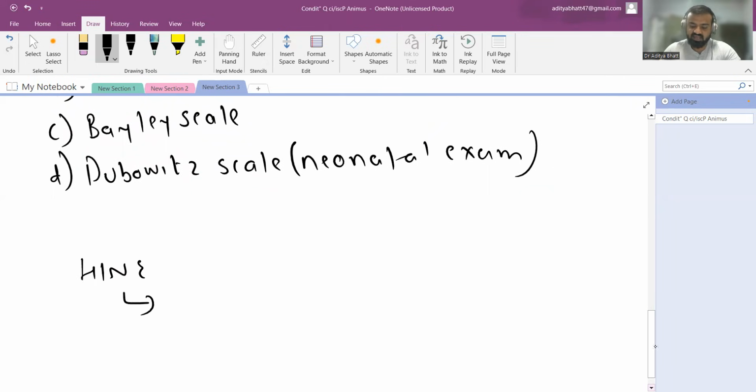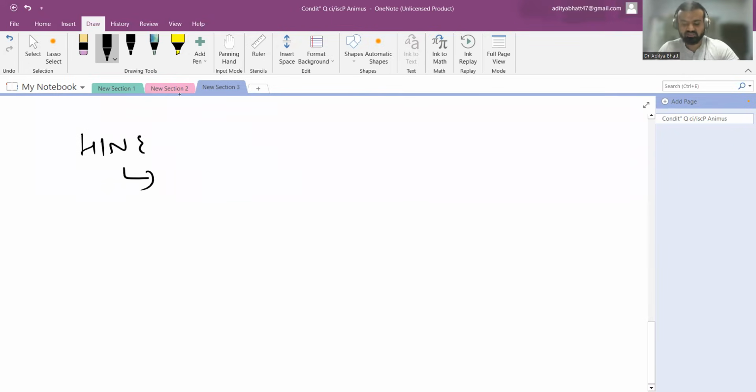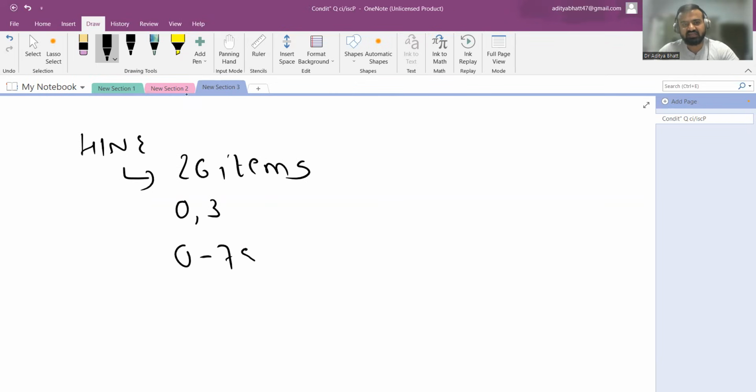Just remember this HINE. HINE is a score in which there are total 26 items. We check 26 items and we score them on the range of 0 to 3. So the score ranges from 0 to 78.